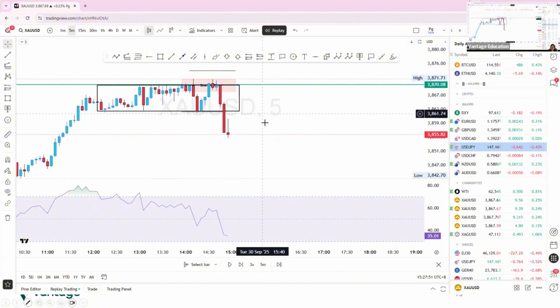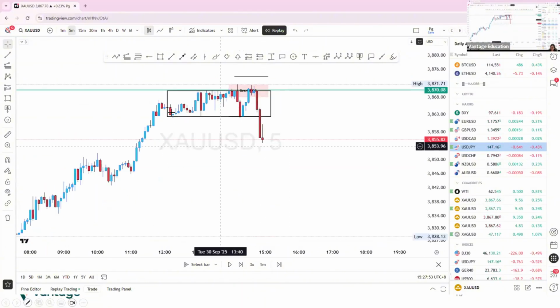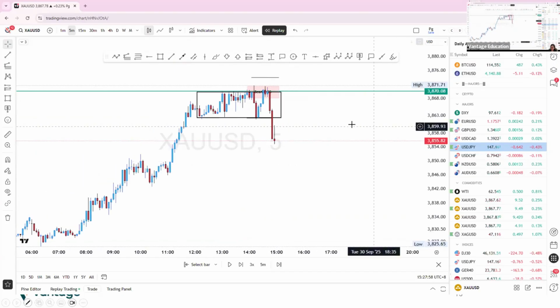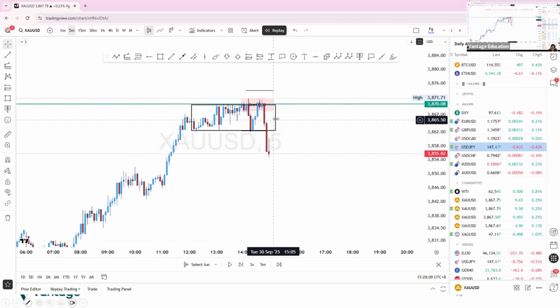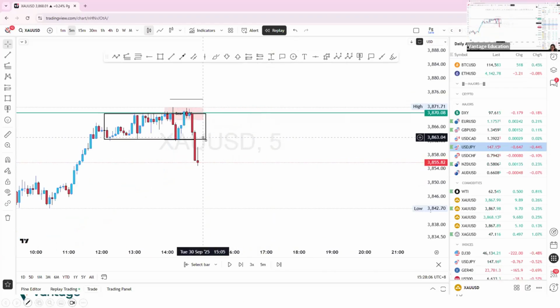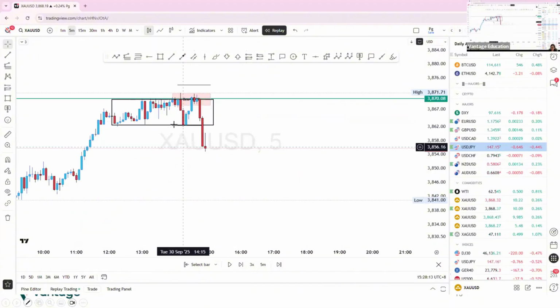But whenever you see price forming a range or sideways, you should already know there will be two ways if you draw the box. Either price is going to break above to go upside or break below to continue bearish, right? Now, you draw the zone here, you see that price closed below, broke below the box, then you know that the momentum is shifting from bullish to bearish on the lower time frame.